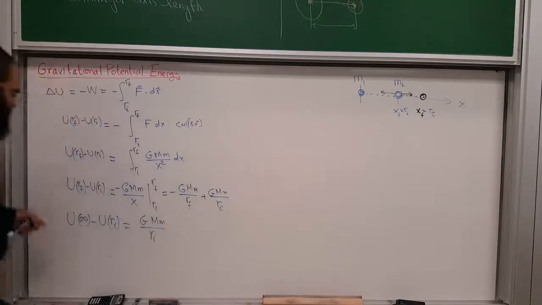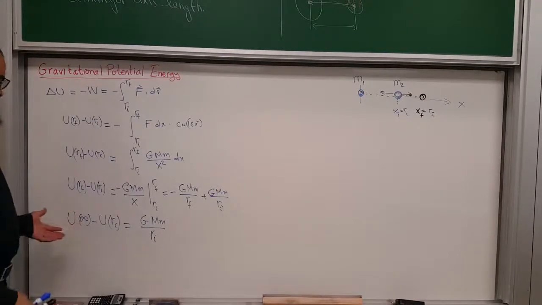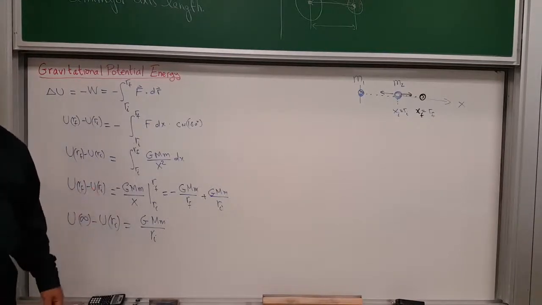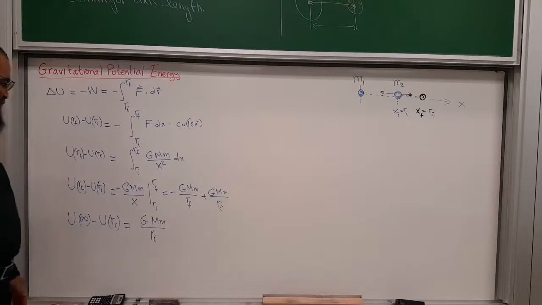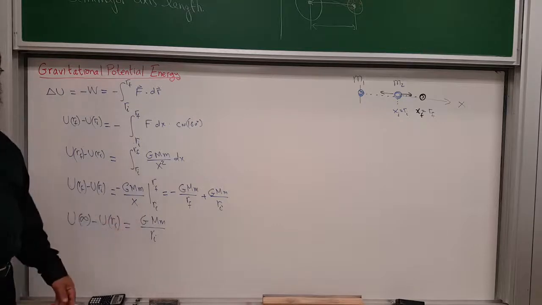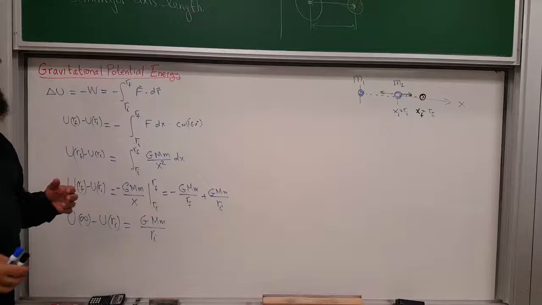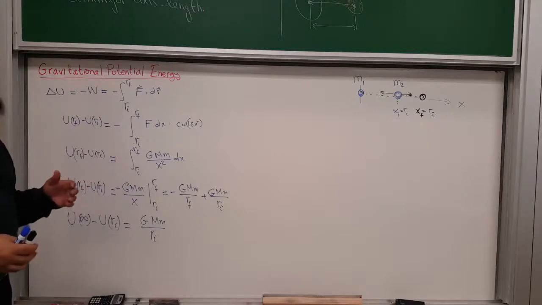Now, whenever we talked about potential energies, we chose a reference point where that potential energy is equal to 0. Near the surface of the Earth, we chose the surface of the Earth to be the 0. But here you have planets and different surfaces, different radii.